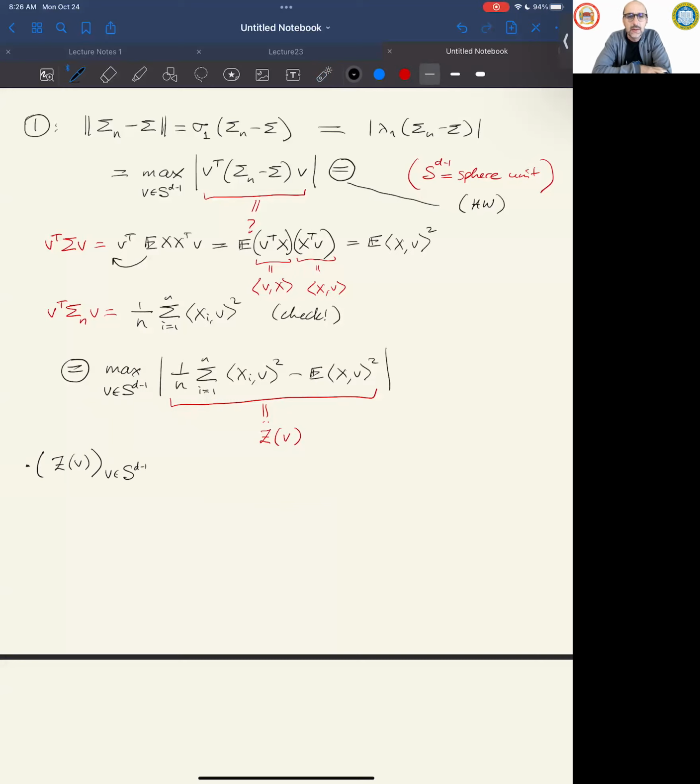What do we even call that? What is the probability concept for a collection of random variables that depends on some parameter? And this parameter, by the way, is a continuum. It's not like 10 random variables, but it slides: Z of v, and v is a continuous parameter.